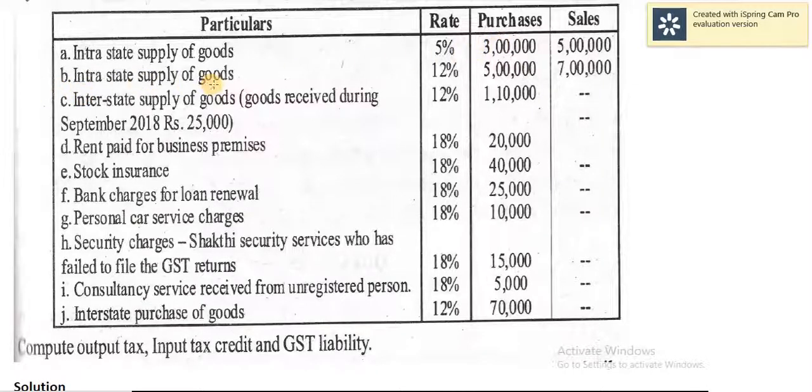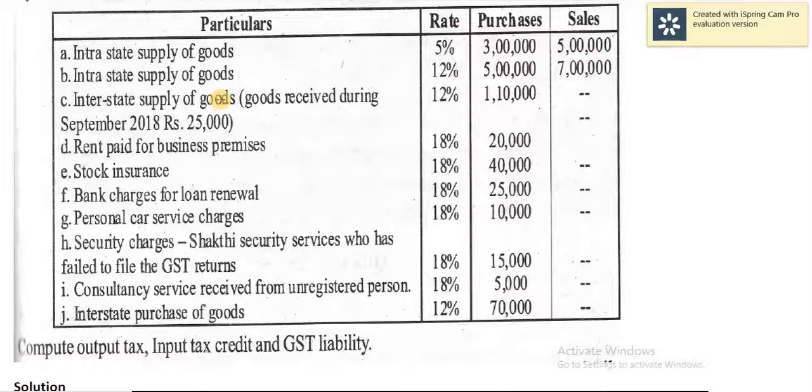Then intra-state supply of goods, so on purchases we will get input tax, and here we are calculating CGST and SGST because it is intrastate only, at the rate of 6% on 5 lakh input tax, and on 7 lakh output tax, 6% each.